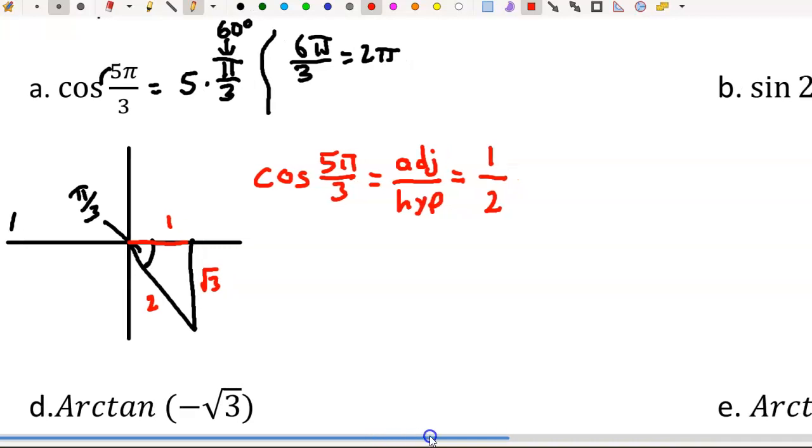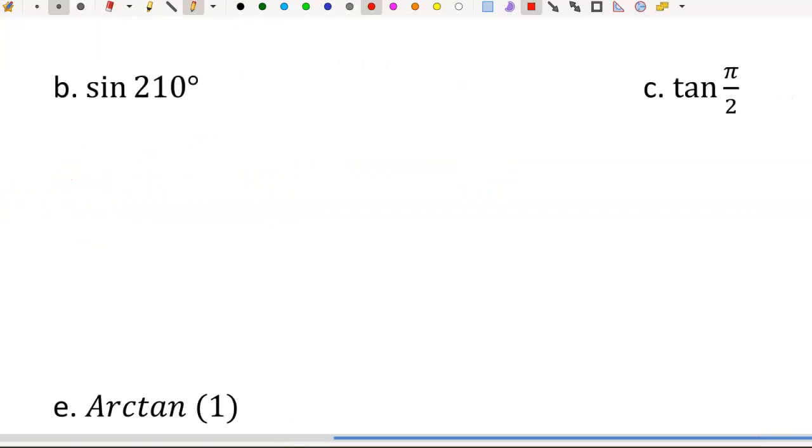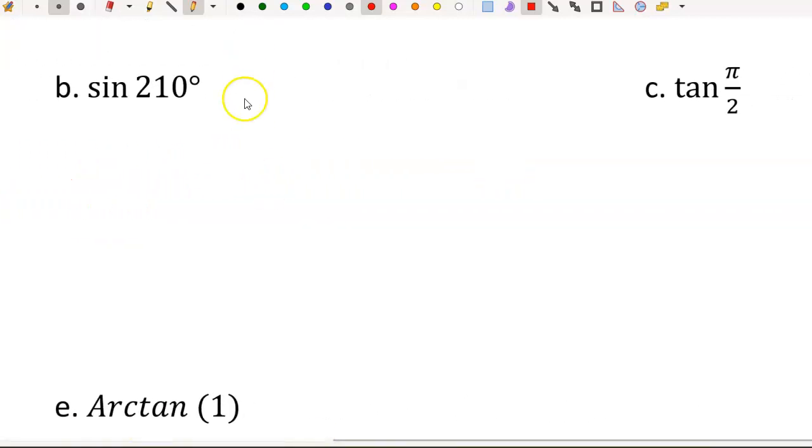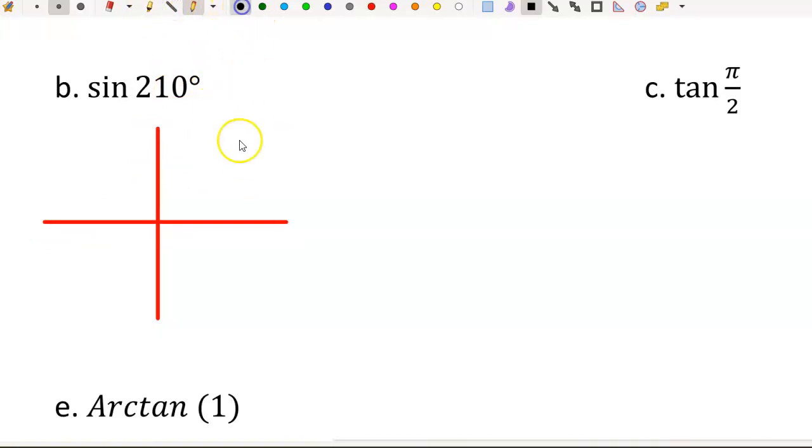So yeah, let's just do a few more. Get us to remember this. Give it a quick sketch. What quadrant is 210 degrees in? That's the first question. Where are we at? 3, right?